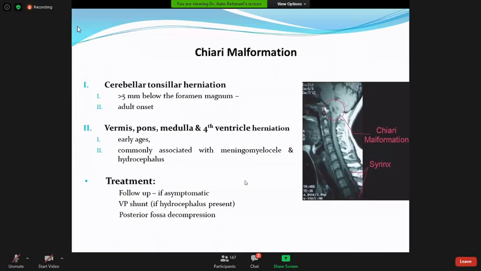But if the patient is having symptoms, like hydrocephalus or an obvious myelomeningocele, these patients may need surgical intervention. For example, if the patient is having hydrocephalus, he or she may have a VP shunt inserted or posterior fossa decompression. That is the main treatment modality of Chiari malformation.